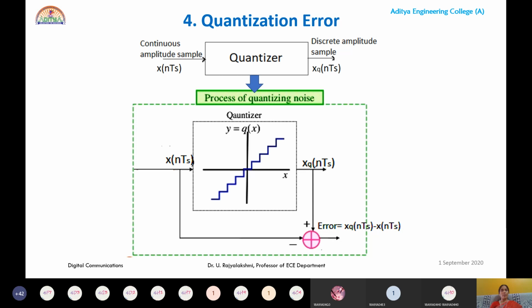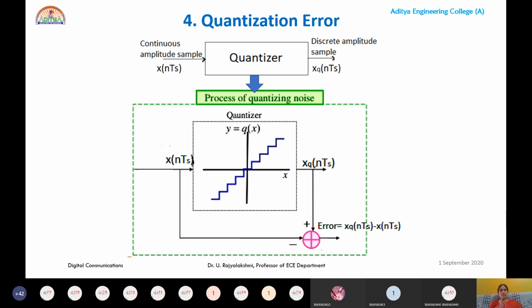But here, because the sampled signal is defined only at sampling intervals, that is nTs, the input signal and output signal are both represented in terms of nTs. So x of nTs is the input to the quantizer, where x represents the continuous amplitude sample.